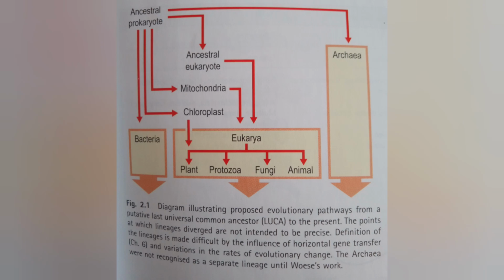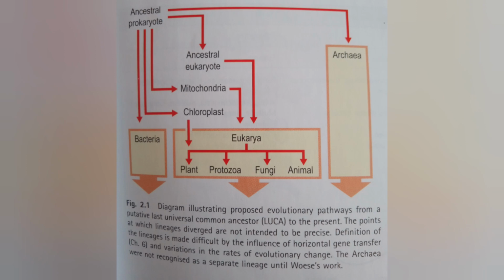This graph tells us that the ancestral prokaryotes diverged into two basic groups, the archaea and the bacteria. But these ancestral prokaryotes also gave rise to ancestral eukaryotes, because they included the mitochondria and chloroplasts, and these were converted into eukaryotes.